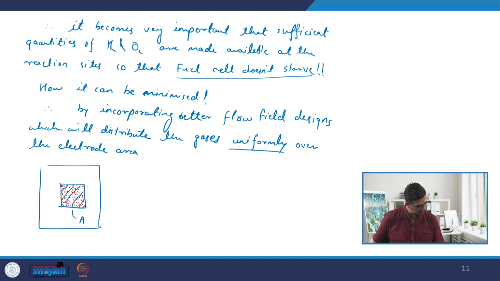So, this is my flow field design. Let me draw on the top of this. So, this is one design that we saw. By employing a good flow field design, we can ensure that all these reaction sites are reached, and the reactions will take place afterwards.